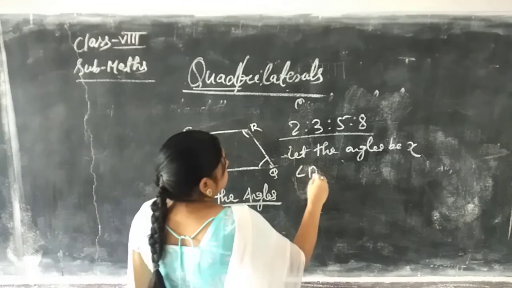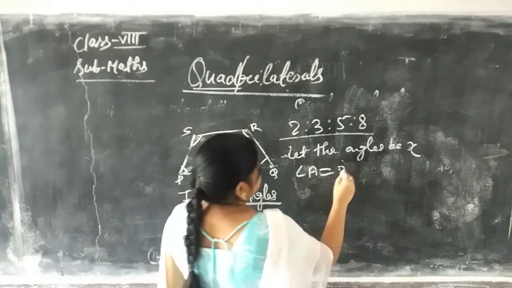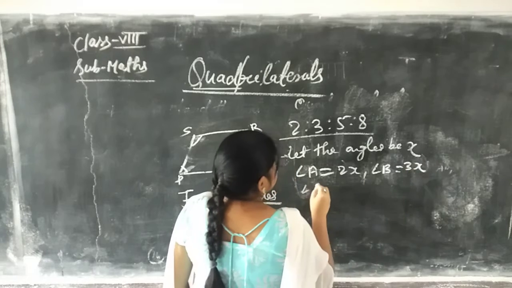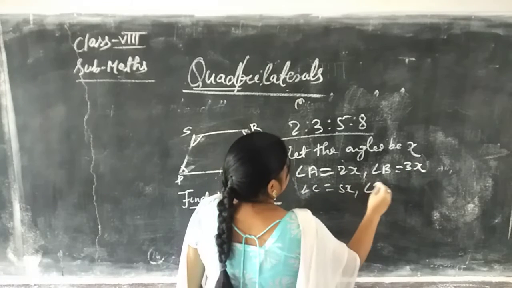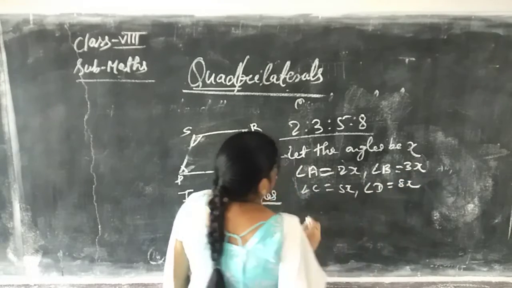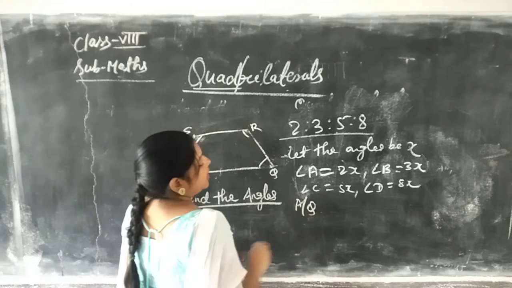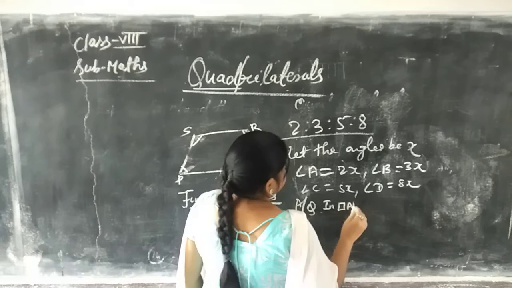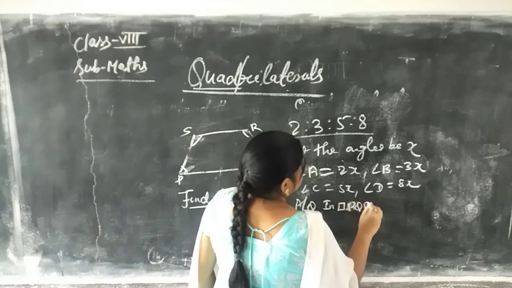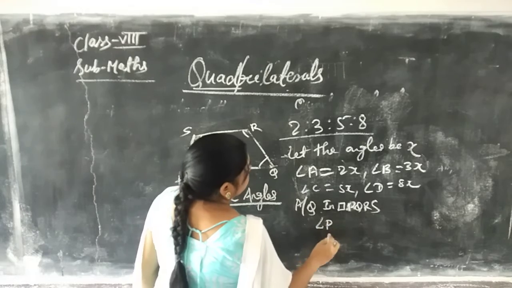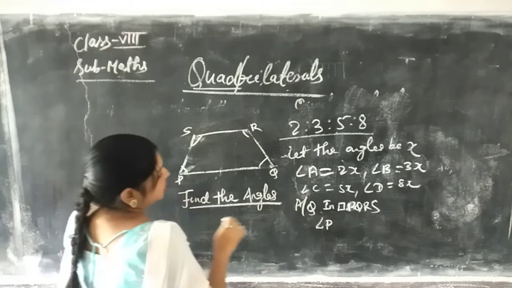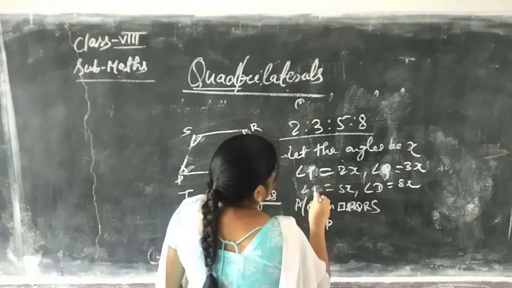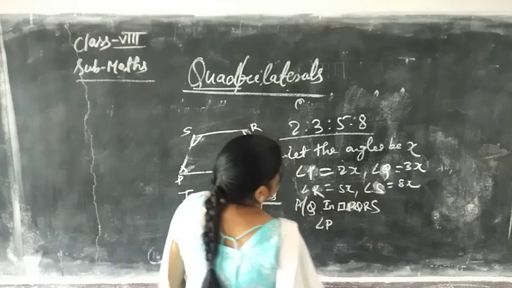So let us suppose angle A is 2x, B is 3x, angle C is 5x, and angle D is 8x. So we apply the properties of a quadrilateral. In quadrilateral PQRS, the angles are P, Q, R and S.